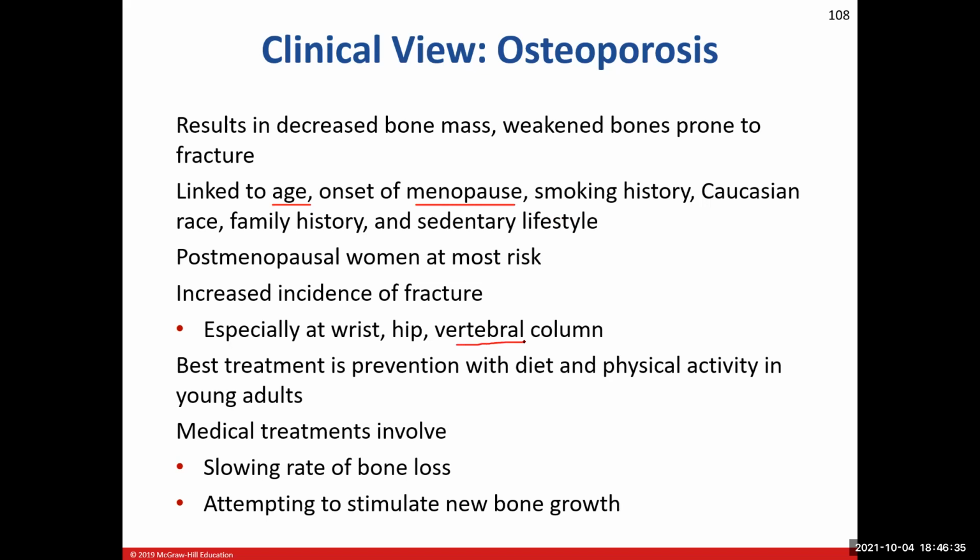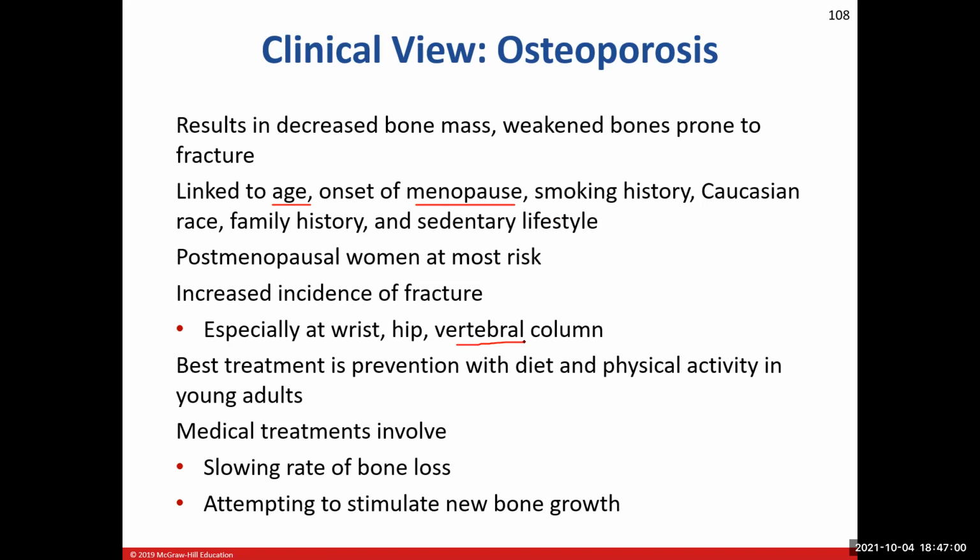But we'll see fractures in areas where there's a high amount of weight bearing and a lot of movement. So the best way to really deal with this problem is to make sure that it never becomes a problem. Early on in your younger years, make sure that you're getting as much activity as possible, because then your body kind of builds on that and stores it up.